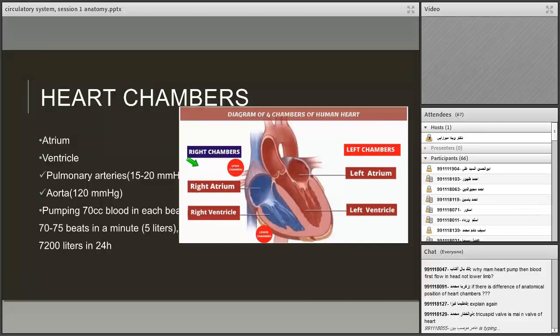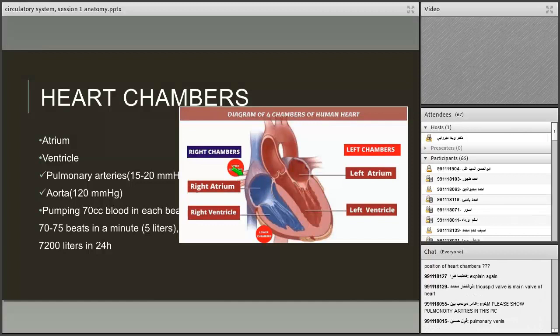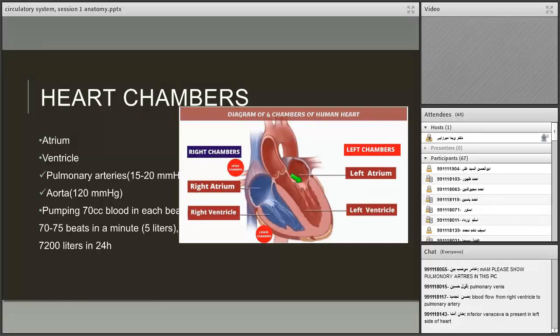After exchanging the gases, I mean giving the oxygen and getting back the carbon dioxide, the oxygenated blood will return to the heart by these veins, the pulmonary veins. There are 4 pulmonary veins, 1, 2, 3, and 4. They carry the oxygenated blood to the left atrium. There is a valve which is called the mitral valve.